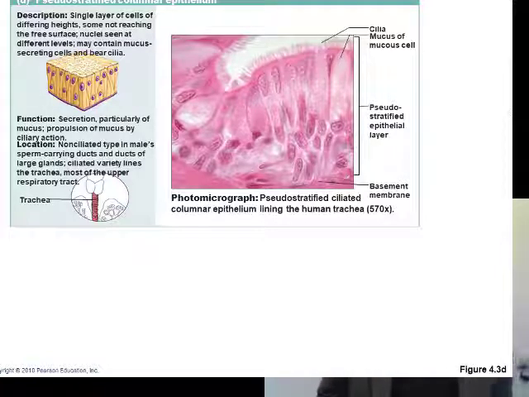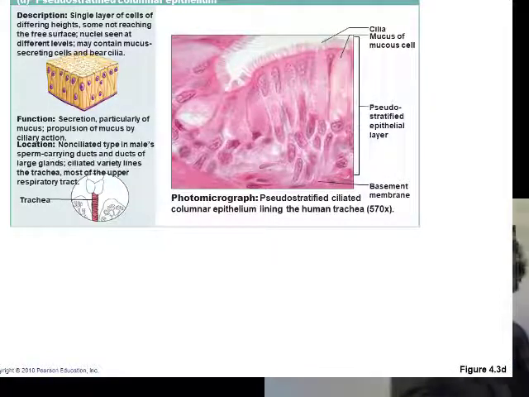So in the upper respiratory tract, you have pseudostratified ciliated. For example, nasal cavity, trachea, larynx, you have pseudostratified ciliated. Okay.